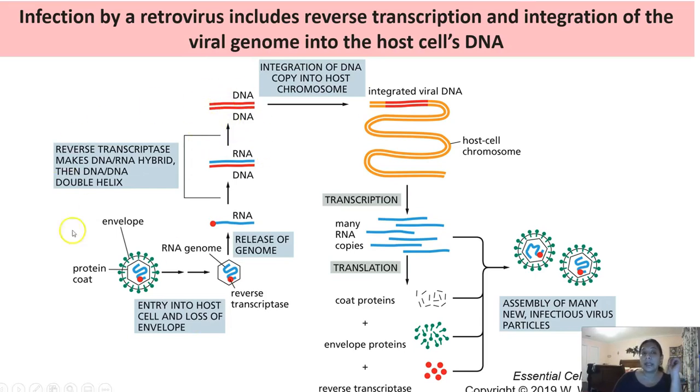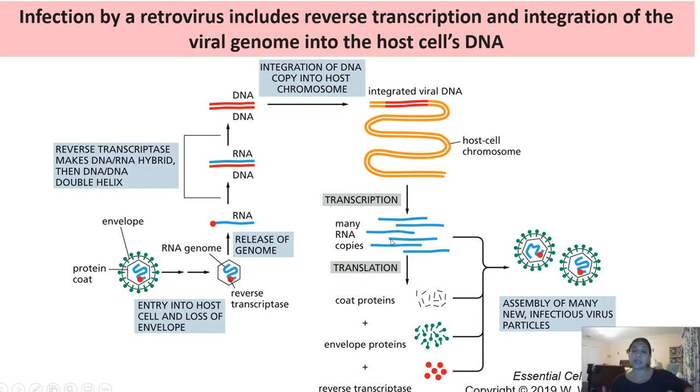This double-stranded DNA molecule then gets integrated into the host genome, whether it is mouse, rabbit, bat, human, whatever type of organism it is infecting. Now, it can hang out there for a while, or it could go straight into infective mode, in which case it's going to transcribe many copies.